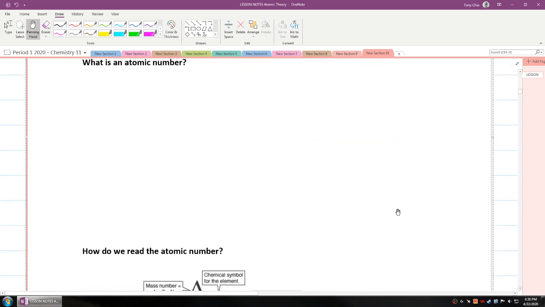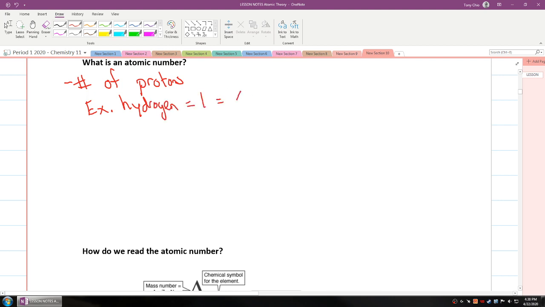So what is atomic number? The atomic number represents the number of protons. An example of that is, if you talk about hydrogen, hydrogen equals 1, which equals 1 proton. So every element is different because of its number of protons.